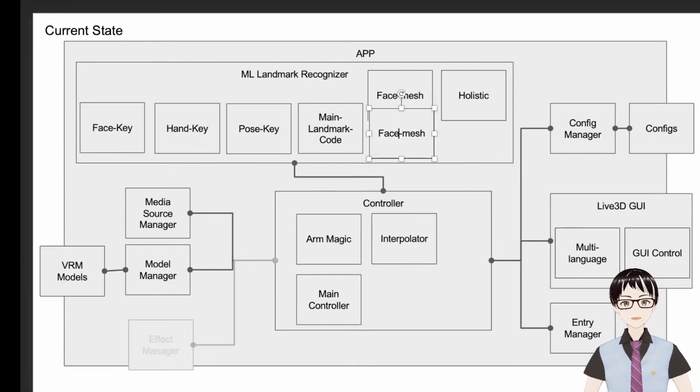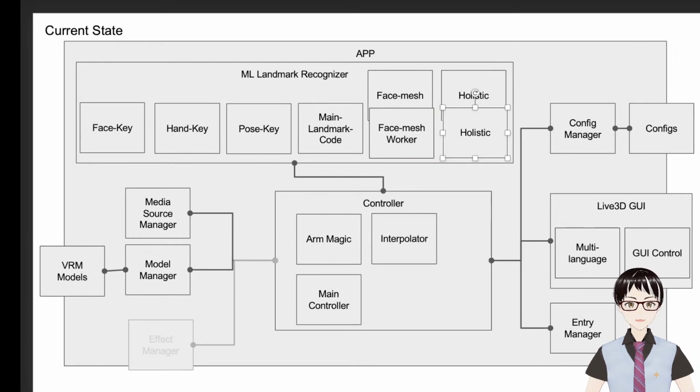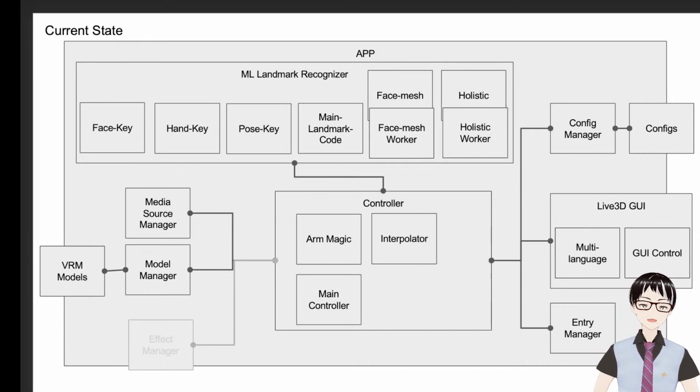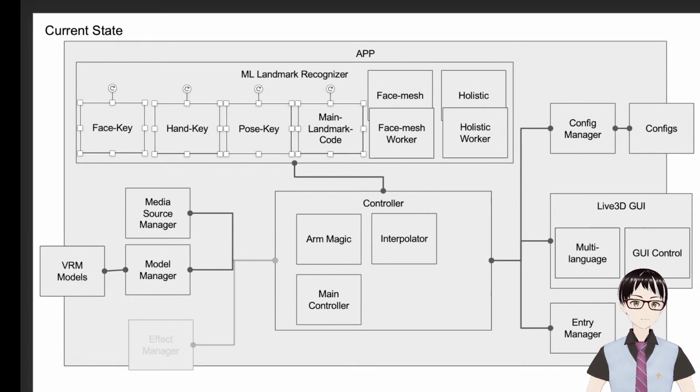Let's just put it here, face mesh worker, holistic worker. Great. That's wonderful. We actually have the inventory of all our code. And this is the current structure. And let's see how we can make it better.